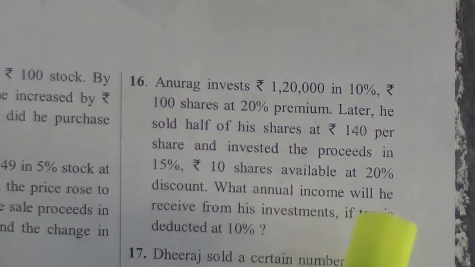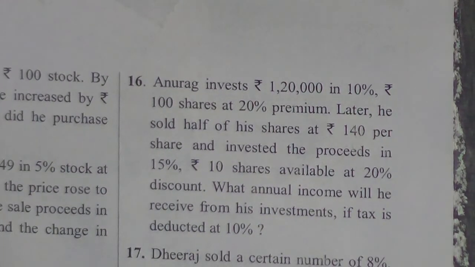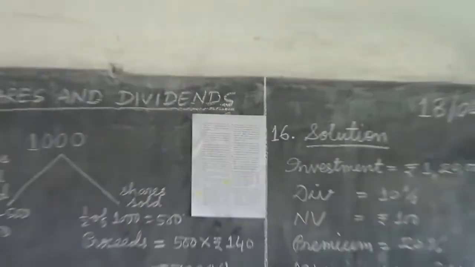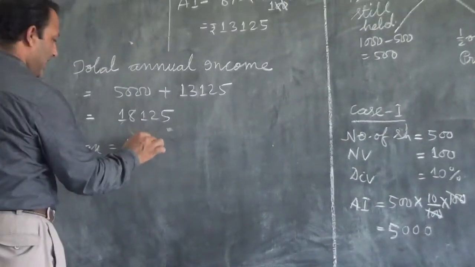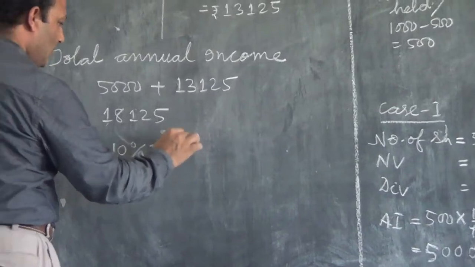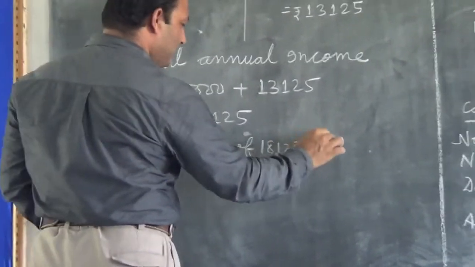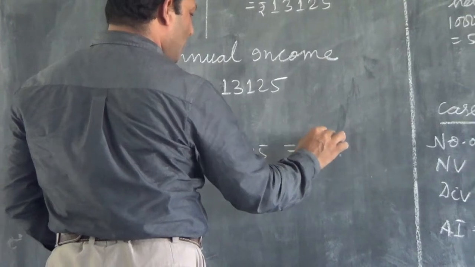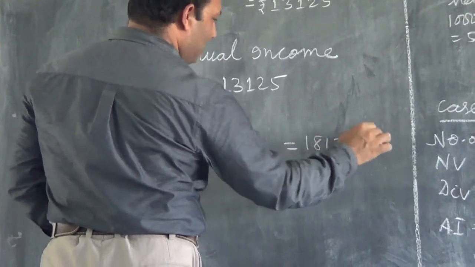Then after deducting the income tax, what annual income will he receive from his investments? If tax is deducted at 10%, tax equal to 10% of 18,125, that will give 1812.50.